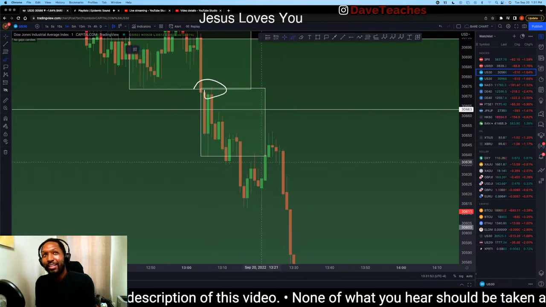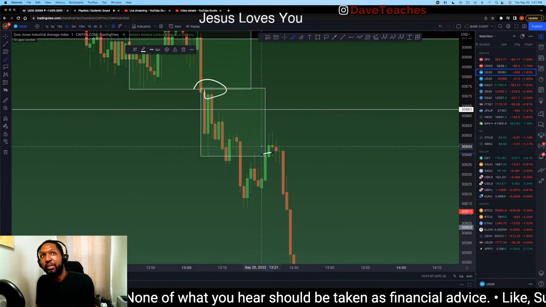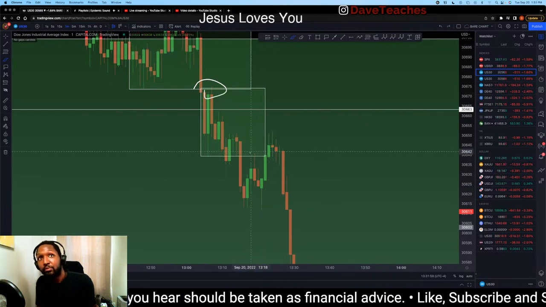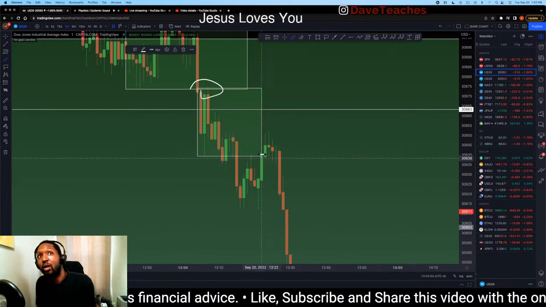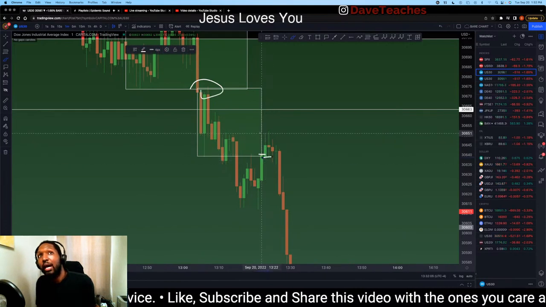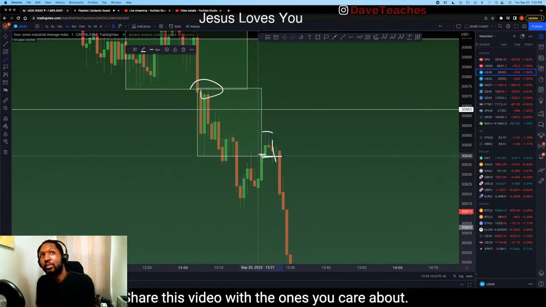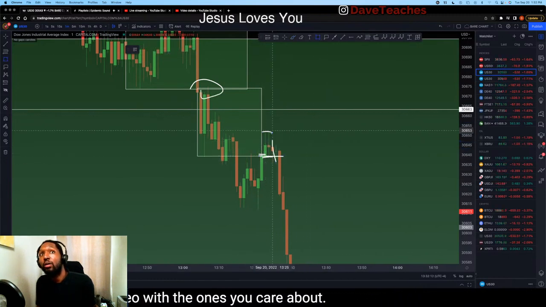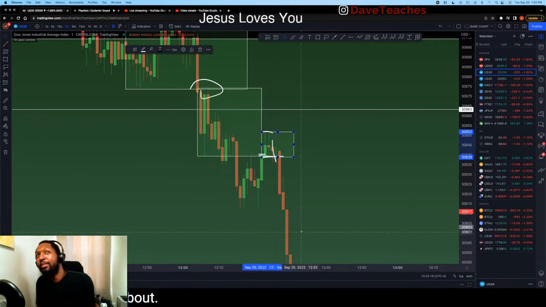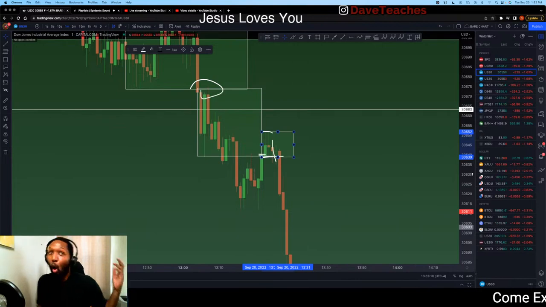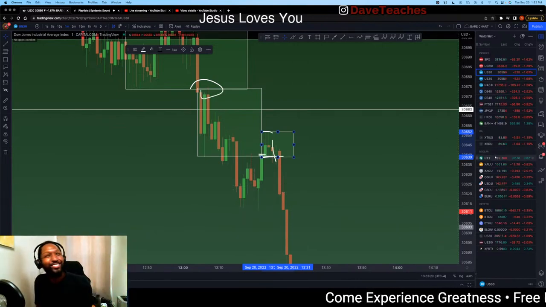So look at this. We have this low put in. No, sorry. I'm tripping. So we have this low, we have this high, this low. And then we come back up and put in a high, but then we violate the low, right? So what do we do after we violate the low? We come back in and then short. Over and over and over again.